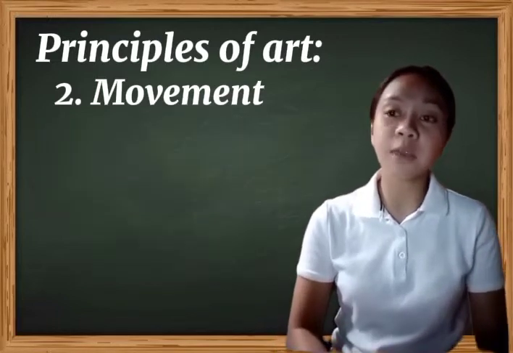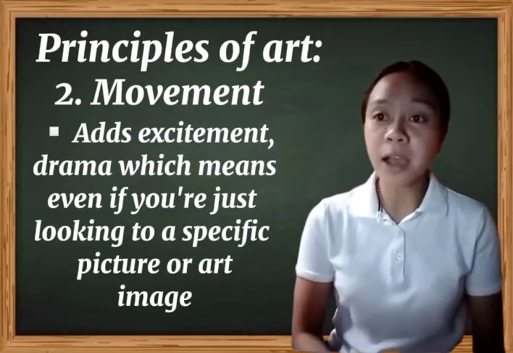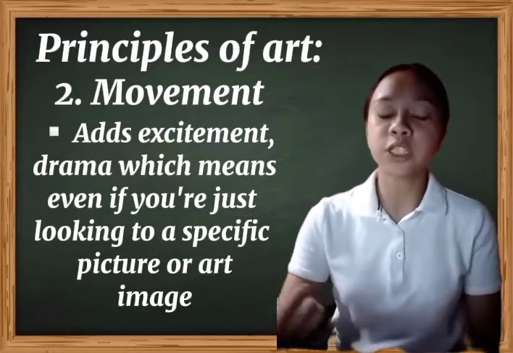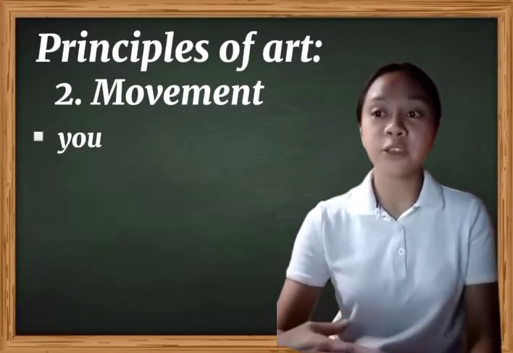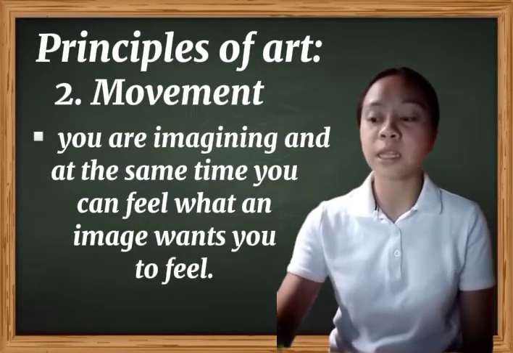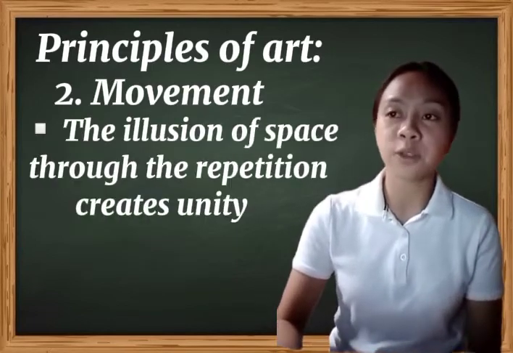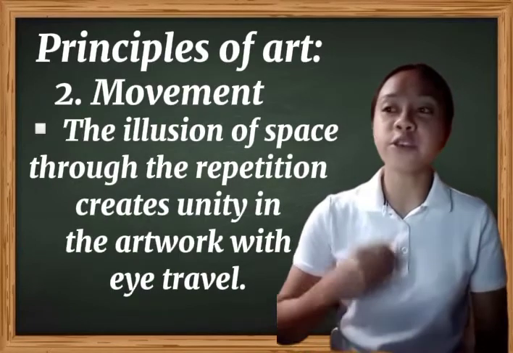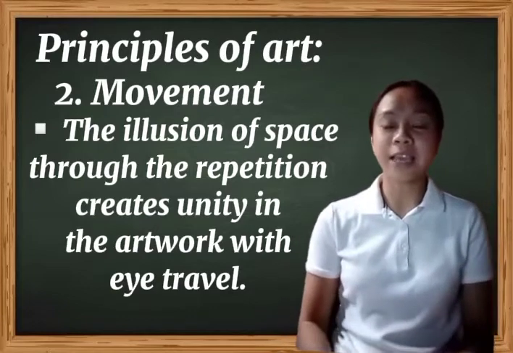Meaning to say, movement adds excitement and drama, which means even if you are just looking at a specific picture or an image, you are imagining, and at the same time you can feel what the image wants you to feel. The illusion of space through repetition creates unity in the artwork with eye travel.